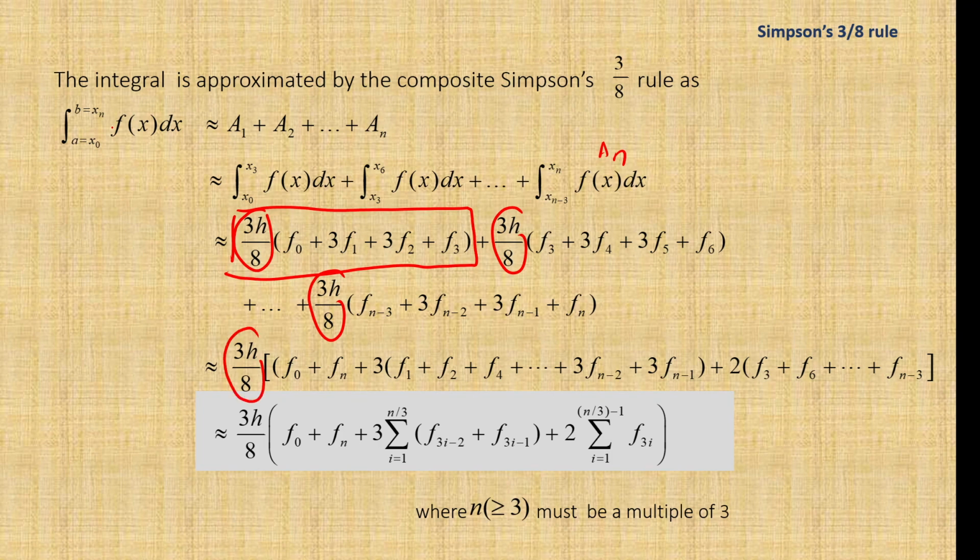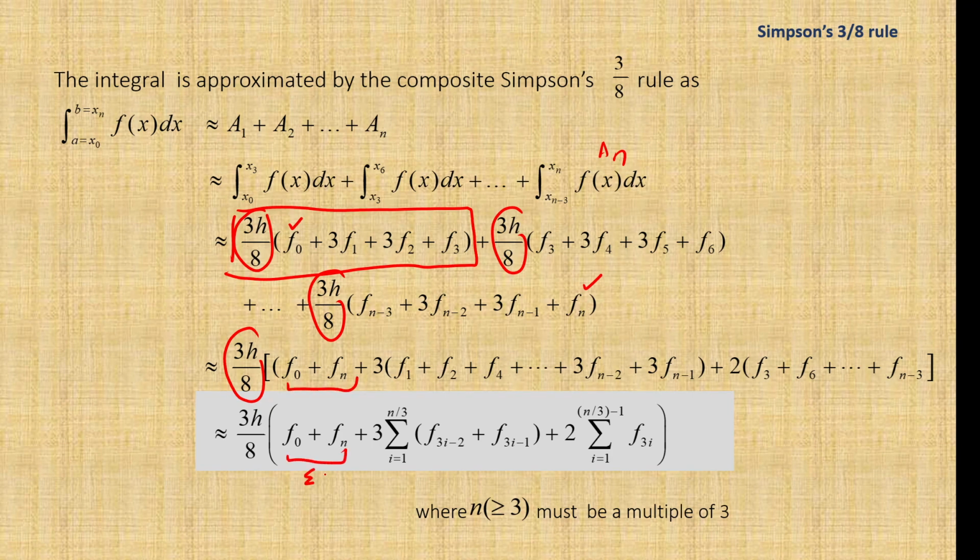This means the integral of f(x) dx from a to b can be approximated using composite Simpson 3/8. The basic one is only here, x0 to x3. This is more than 3 segments. So you notice again f0 and fn appear 1 time only.